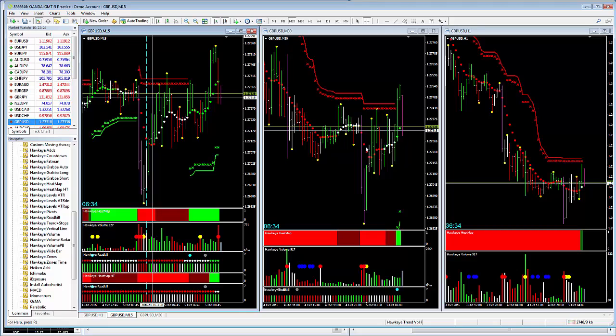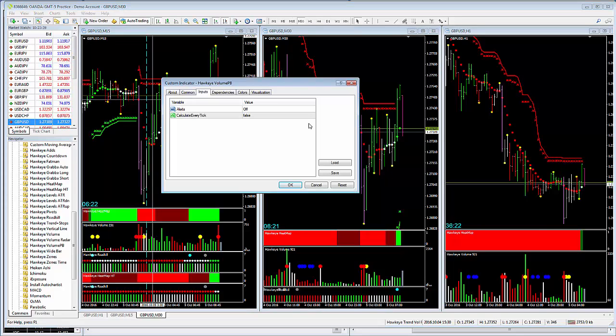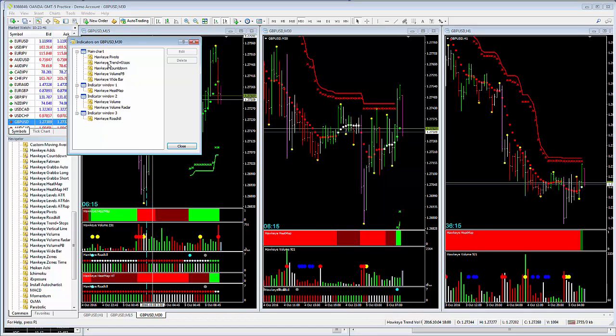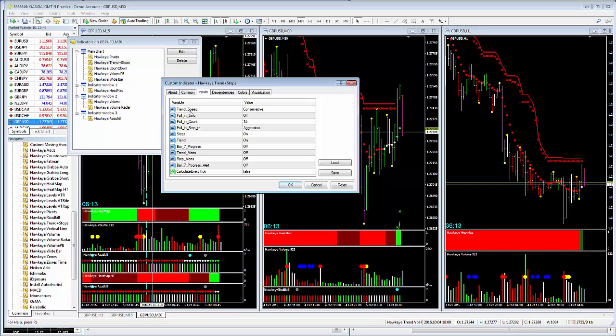Is heat map equal to momentum? Yes, James. When I refer to momentum, I'm referring to the heat map. What the heat map is doing is it looks at all three of the trend speeds on your trend indicator. So if you were to go and format the trend indicator, okay, that's volume. Let me look at my indicators here. Look at the trend and stops. Okay, when you look at the trend and stops, you have a trend speed setting.